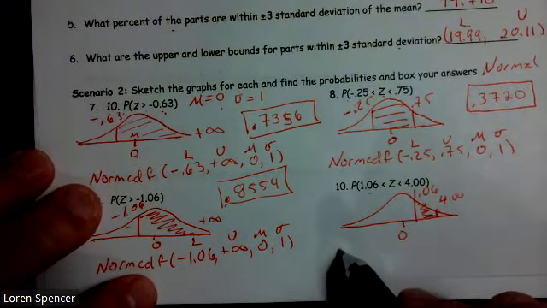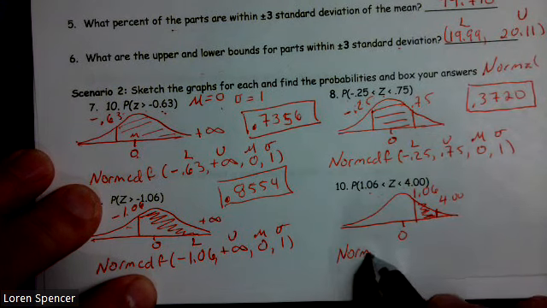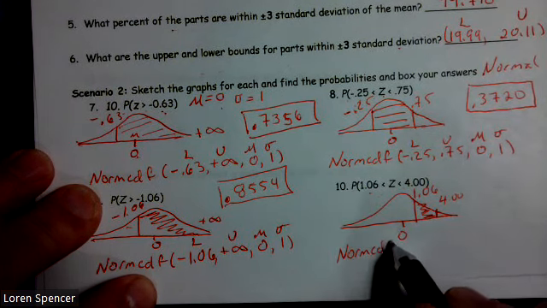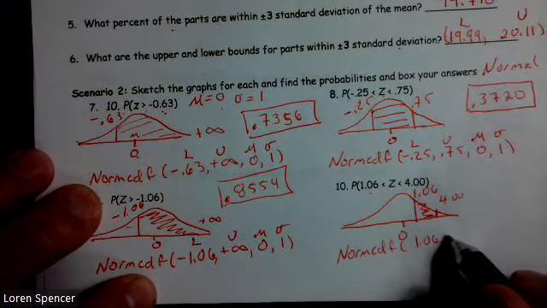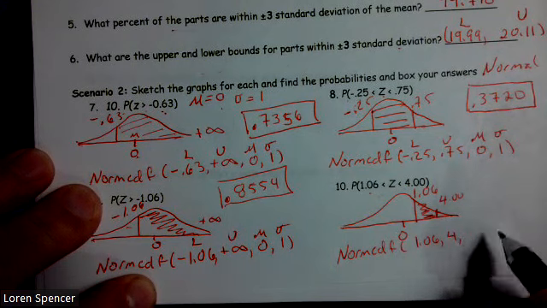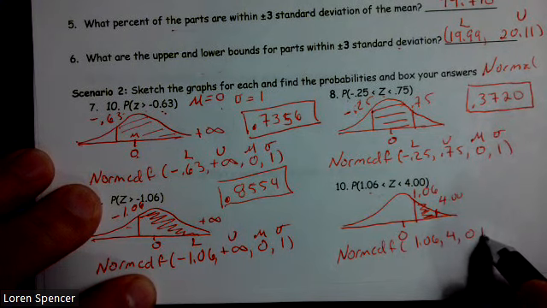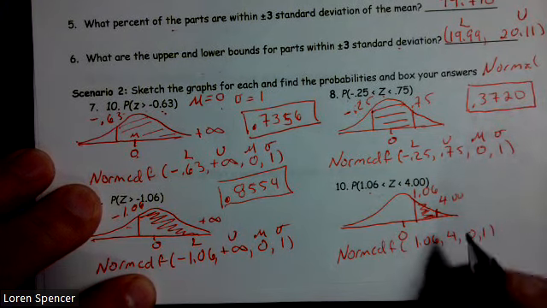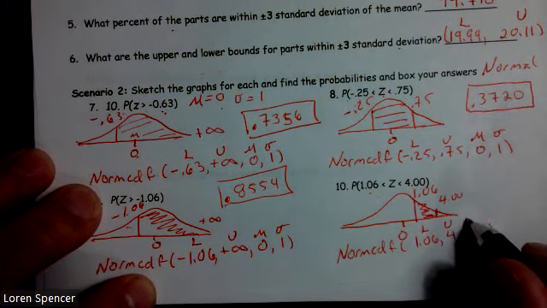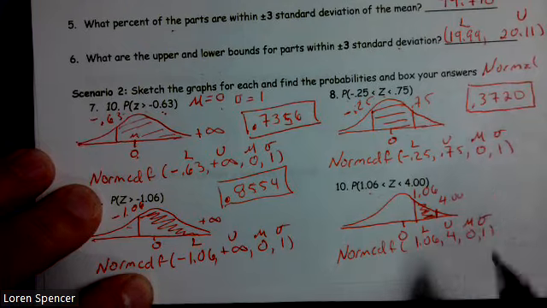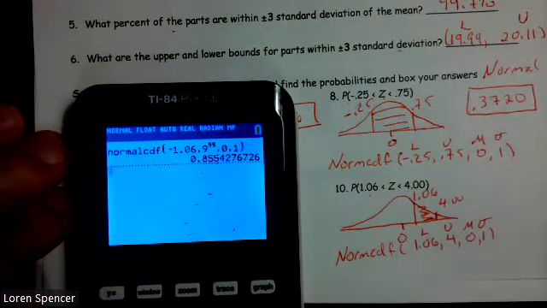Once again, it's a normal CDF. This time our lower bound is 1.06. Our upper bound is 4. Our mean is 0. And our standard deviation is 1 because it's the z-score. So label them lower, upper, mean, standard deviation. And we plug that in.